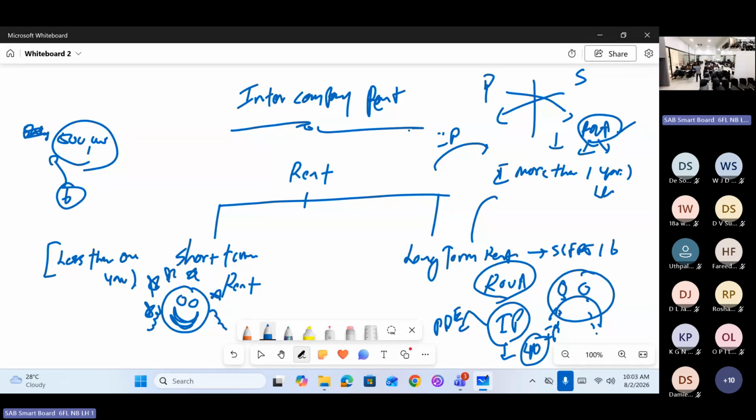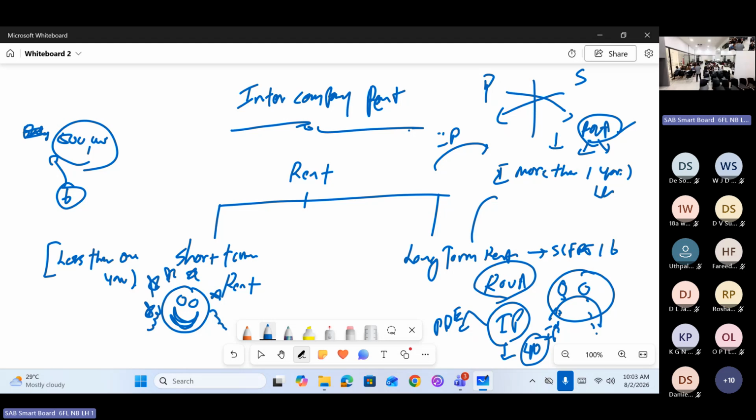Once you complete all the adjustments, this investment property will be classified to PPE. For classifying investment property, we have two purposes: capital appreciation or renting purpose.